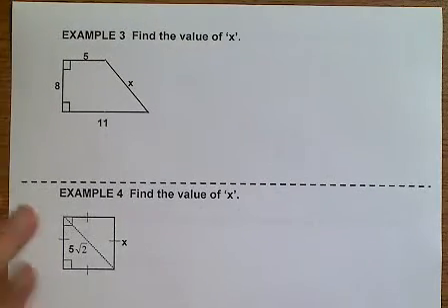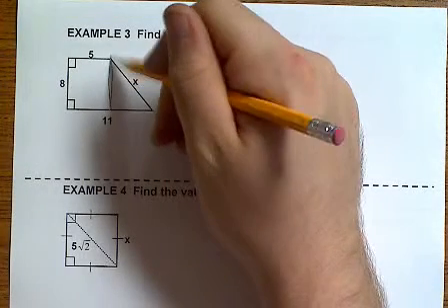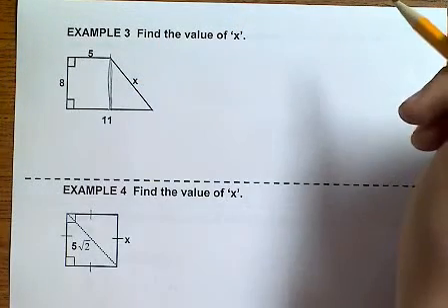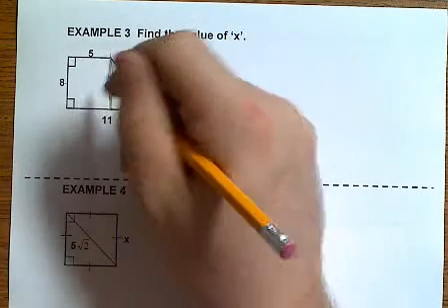Well, we don't have a triangle, so you might say we can't use the Pythagorean Theorem, when in fact, we actually can. I have a side right here, and I know how long this side is because it's the same length as this, so this would be 8.